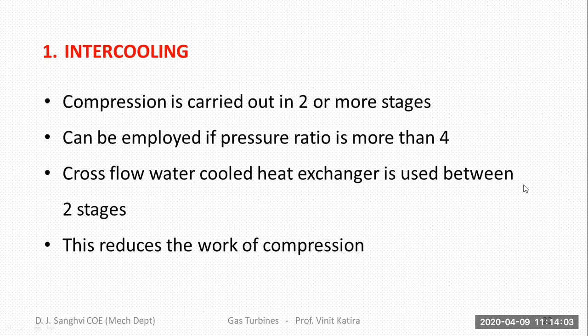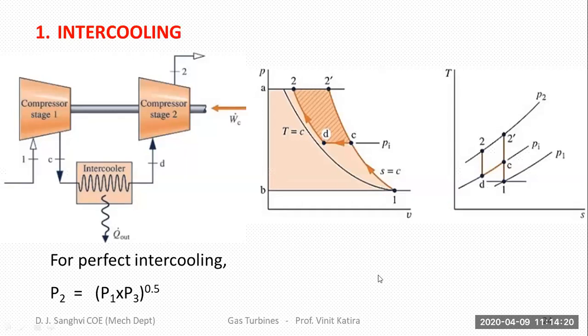Okay, that is the ideal case wherein you cool the compressed air after the first stage to the initial temperature, that is the temperature of air before compression of air in the first stage. So this obviously reduces the work of compression. So this is how the schematic of your two-stage compression employing intercooler is.